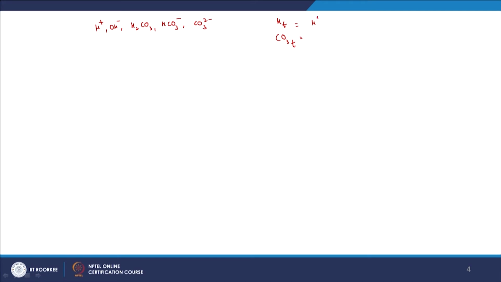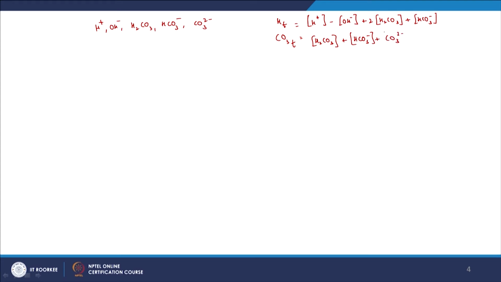So H total is going to be equal to H plus minus OH minus plus 2 times H2CO3 plus 1 times HCO3 minus, right, and CO3 total would just be equal to H2CO3 plus HCO3 minus plus CO3 2 minus.